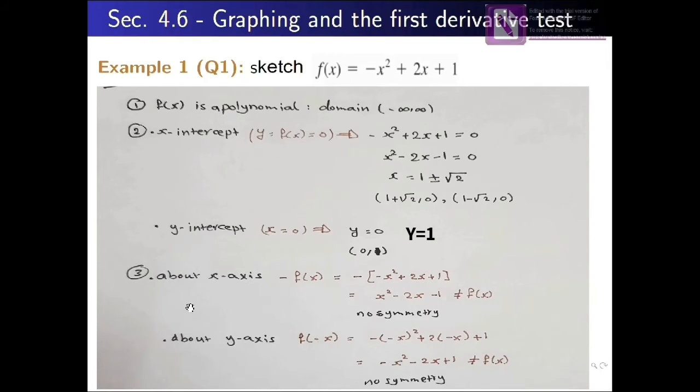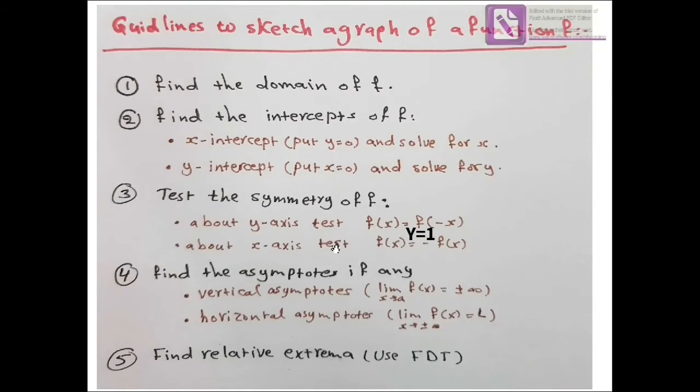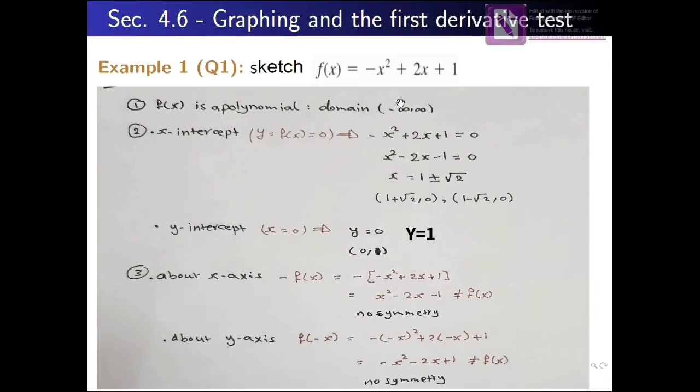So now checking the symmetry, we have to check the symmetry about the x-axis and the y-axis. For the symmetry about the x-axis, we need to check if f(x) is equal to -f(x). First we multiply the function f(x) by minus 1. This gives us x squared minus 2x minus 1.